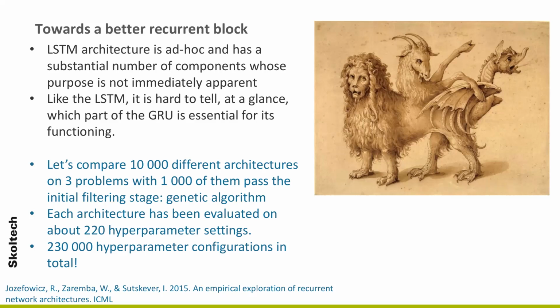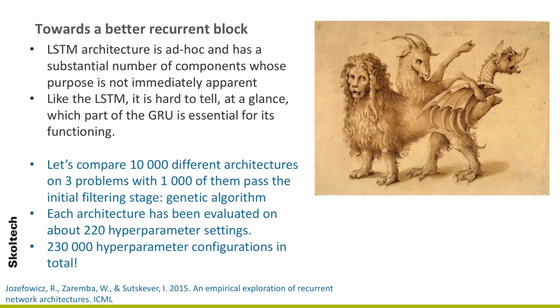Also, we can try to identify what parts of LSTM are crucial and what parts are just here. So let's try to generate 10,000 architectures on some problems related to natural language processing and something different for sequential data. When we use some initial filtering, we have only 1,000 architectures.